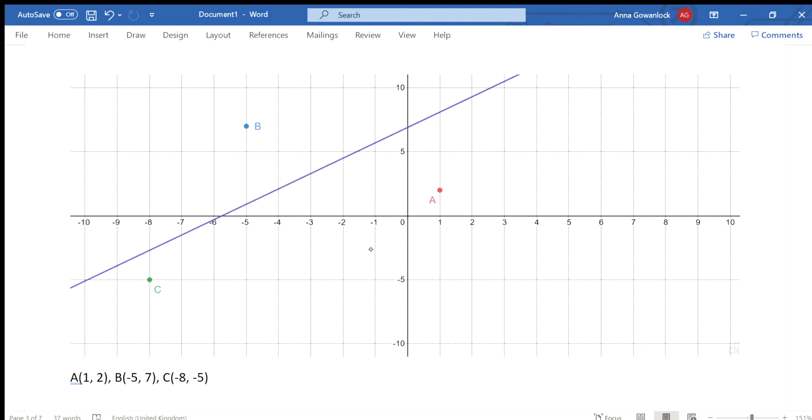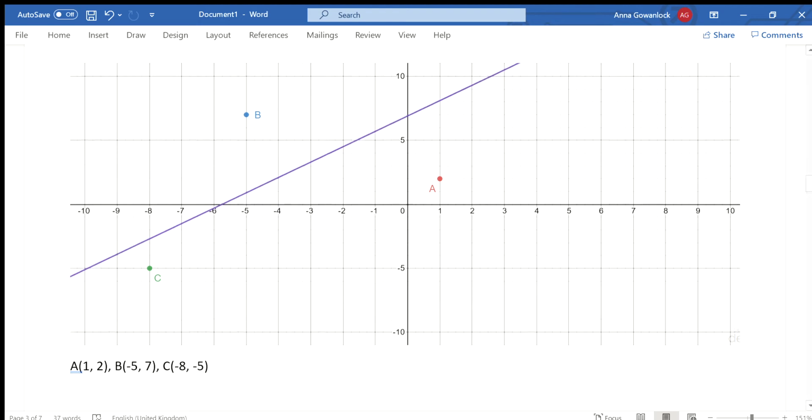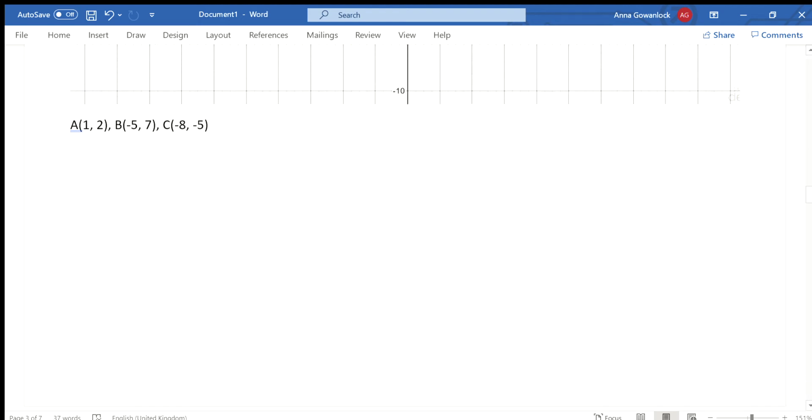Going through the midpoint, and every 5 I go along, I'm going up 6. So that was AB. Next, I'm going to do BC. Try it before me. So pause the video and then try and do it for yourself.